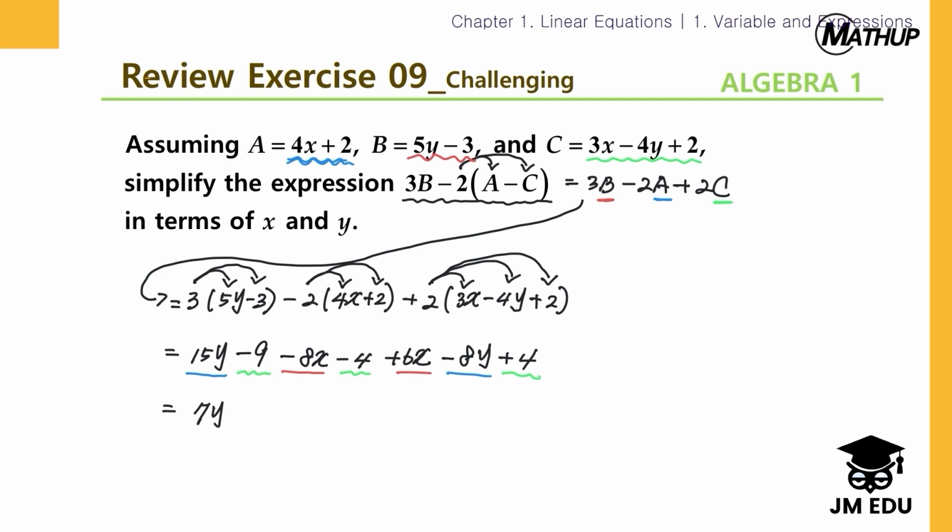So 7y. Minus 8x plus 6x, that's minus 2x. So finally, the constants, minus 9, minus 4, plus 4. Well, minus 4 plus 4, that's a 0, right? So this simplifies to minus 9. So 7y minus 2x minus 9, that's going to be our final answer.